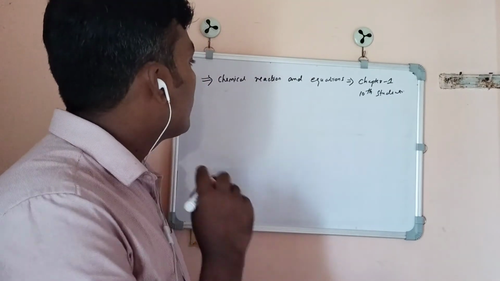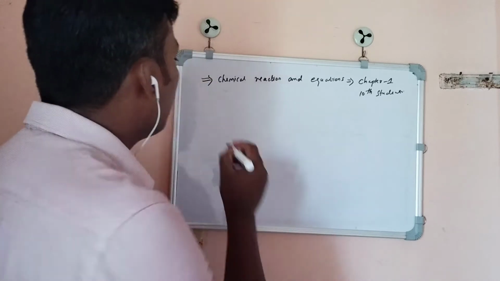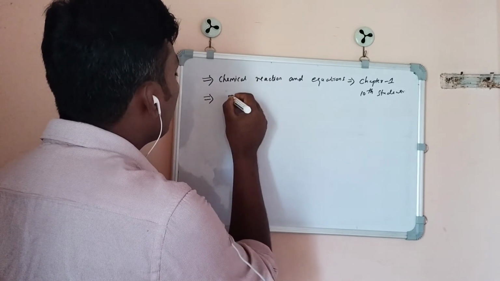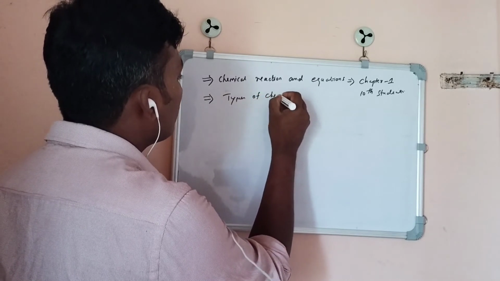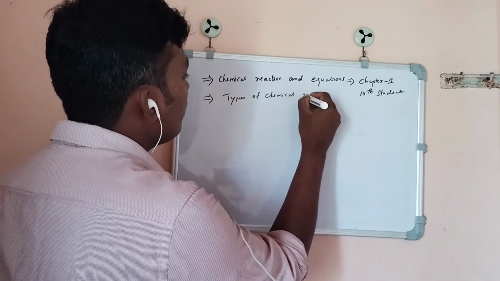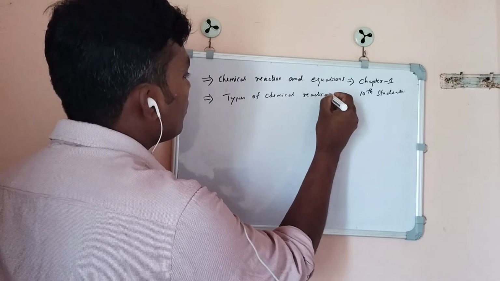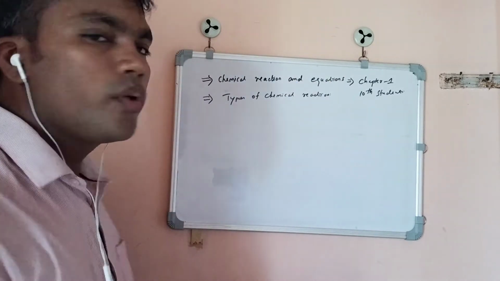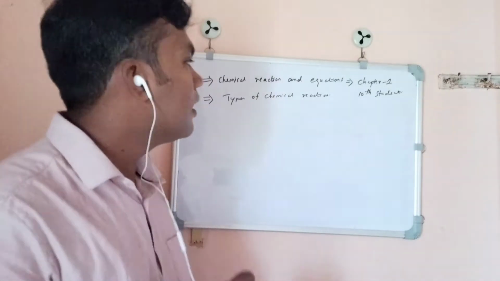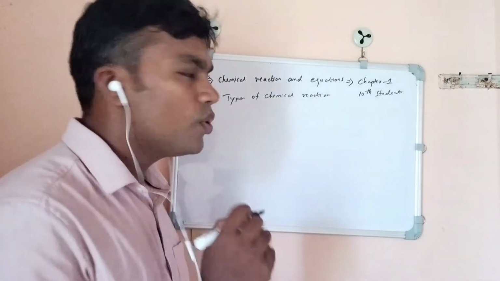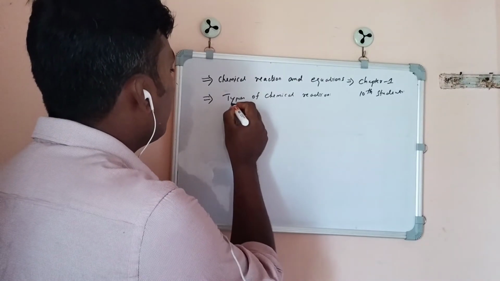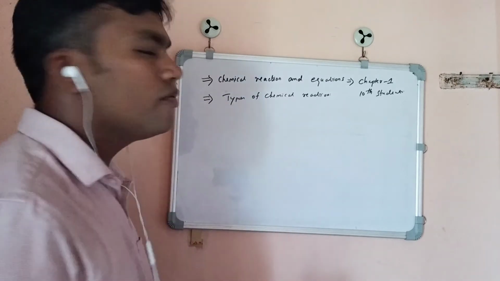You are going to learn about chemical reactions and equations, then types of chemical reactions. Now you can take your book and open Chapter 1 and see the chemical reactions and equations topics, and then read the types of chemical reactions.